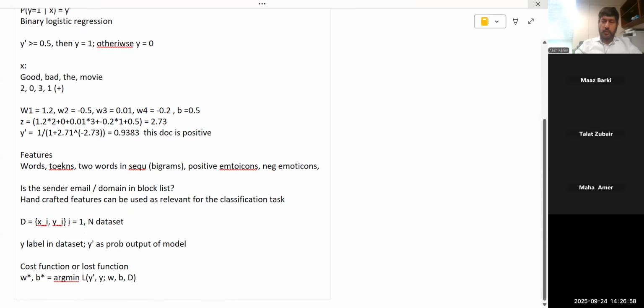Okay, a quick question here. How many of you have some understanding of maximum likelihood estimation? Although I don't want to go into the details, आपने maximum likelihood estimation machine learning में पढ़ा होगा.